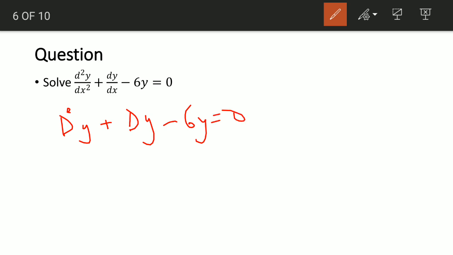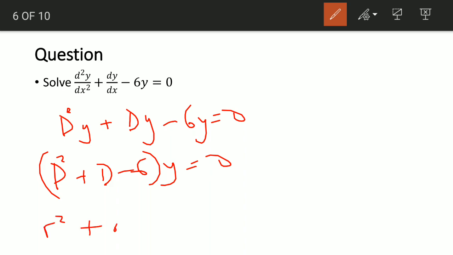So that means it's going to be d squared plus d minus 6 all into y is equal to 0, which will return a characteristic equation of r squared plus r minus 6 equal to 0, which we can solve.